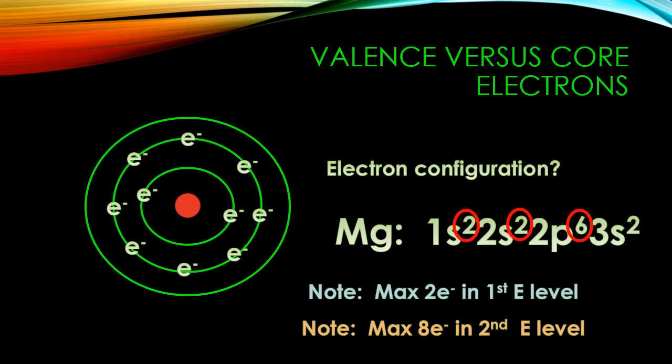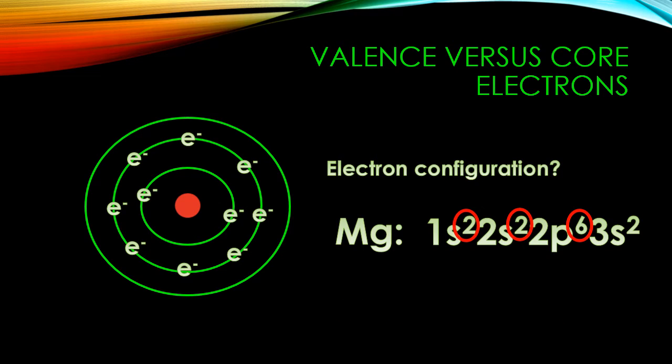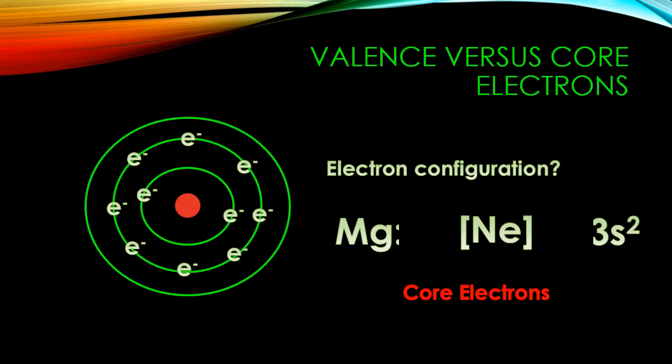And what do we call those inner electrons? Well, if you said core electrons, you are correct. Who has 10 total electrons? Yeah, neon. So instead of writing the 1s2 and the 2s2, instead of writing all that, we can just write neon.